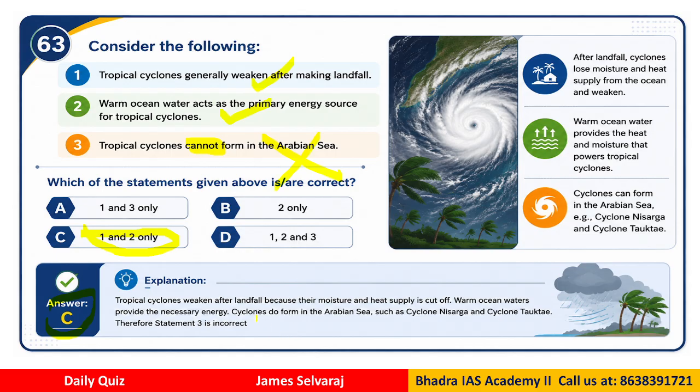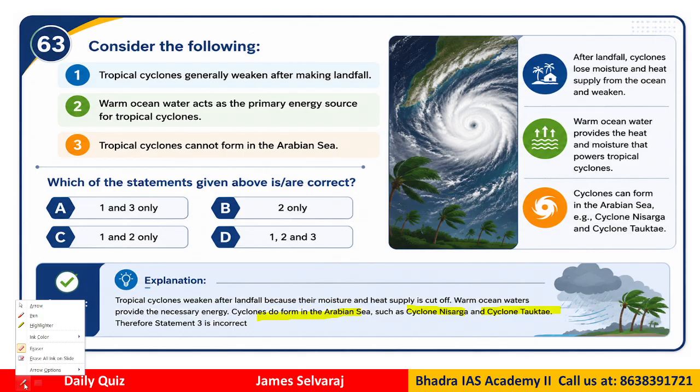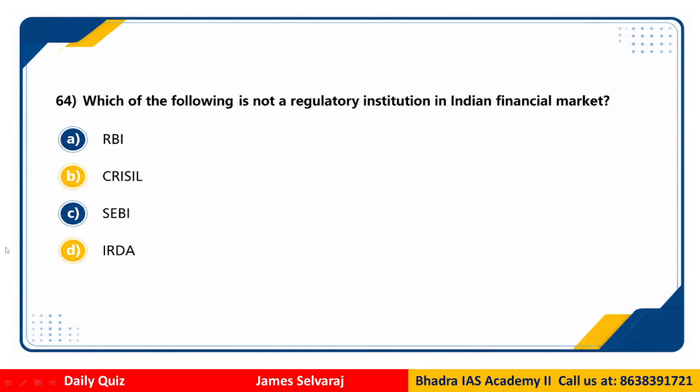Why? Cyclones do form in the Arabian Sea, like cyclone Nisarga, cyclone Tauktae. All these are cyclones which formed in the Arabian Sea as well. Okay, so statement number 3 is wrong. Therefore, the correct answer would be 1 and 2 only. Clear?